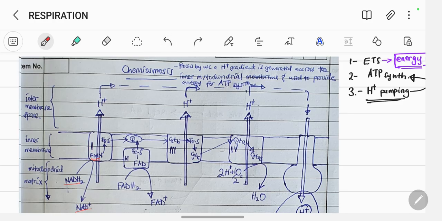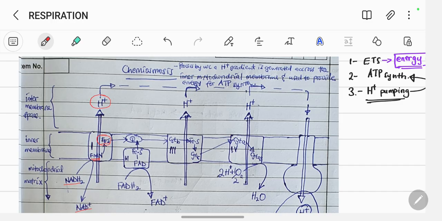Now these electrons are going to be picked up by our iron sulfur protein. But as they are transferred, they have to lose that energy that we're interested in. As they lose that energy, moving from a high energy level to a lower energy level, we use that energy to pump the first hydrogen ion.